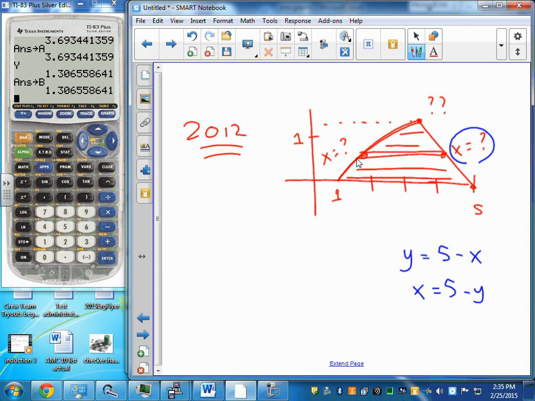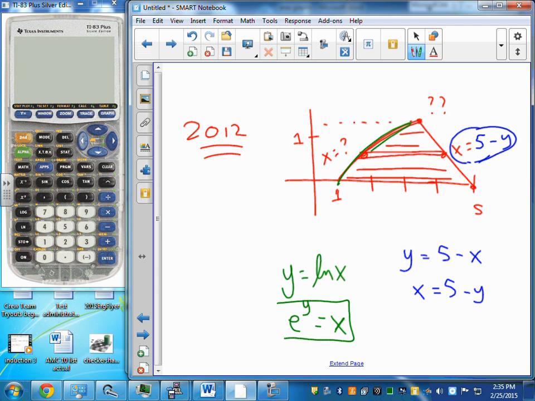That's what this is. Now, for the log graph, we were told that y is the log of x, and so we know x is equal to e to the y, right? Just translating that from log form to exponential form. And so that's the x coordinate over here, e to the y.